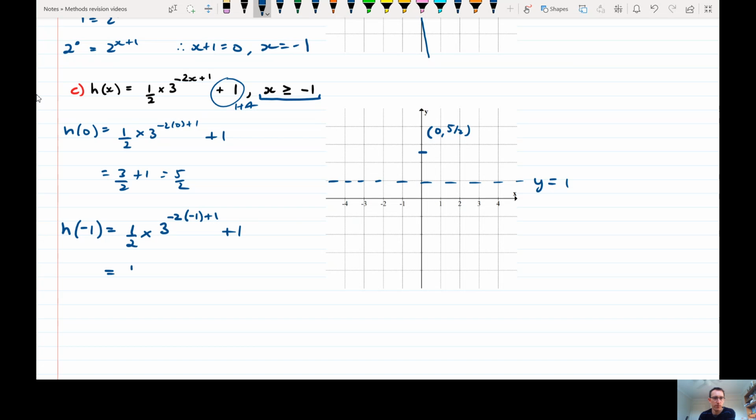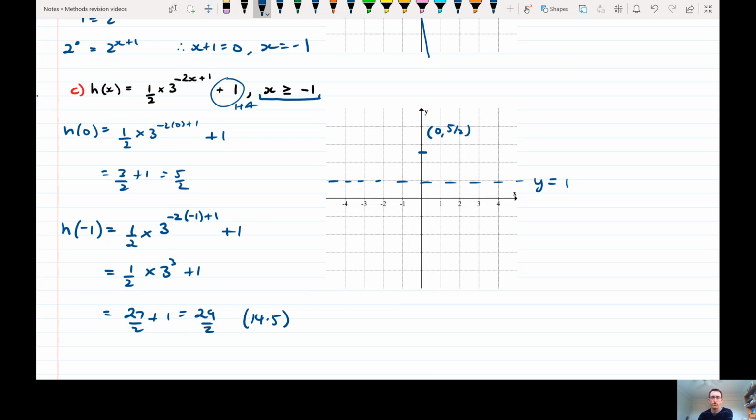We're going to simplify this. So -2 times -1 is 2, plus 1 is 3. So 3 to the 3, plus 1, and you're going to end up with 27 over 2 plus 1, which gives you 29 over 2, which we know is 14.5.